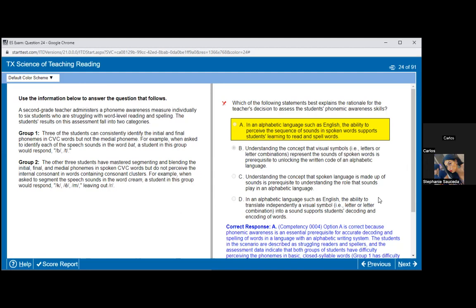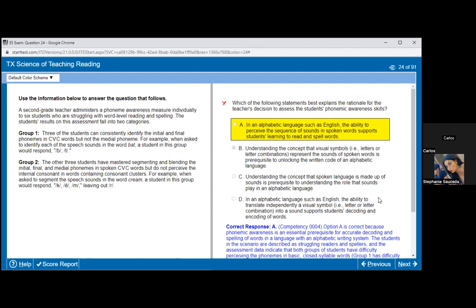Group 2, the other 3 students have mastered segmenting and blending the initial, final, and medial phonemes in spoken CVC, consonant, vowel, consonant words, but do not perceive the internal consonant in words containing consonant clusters.